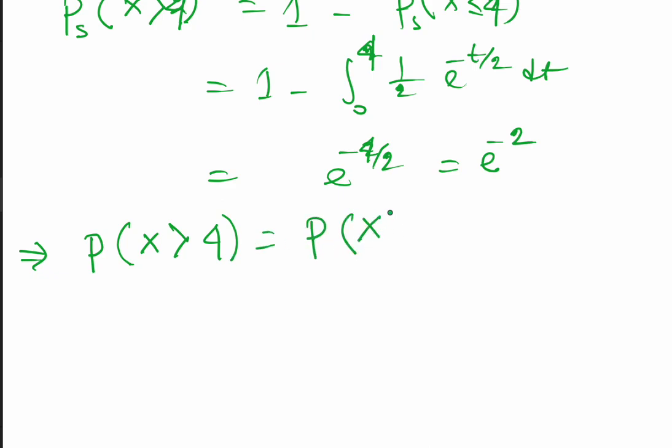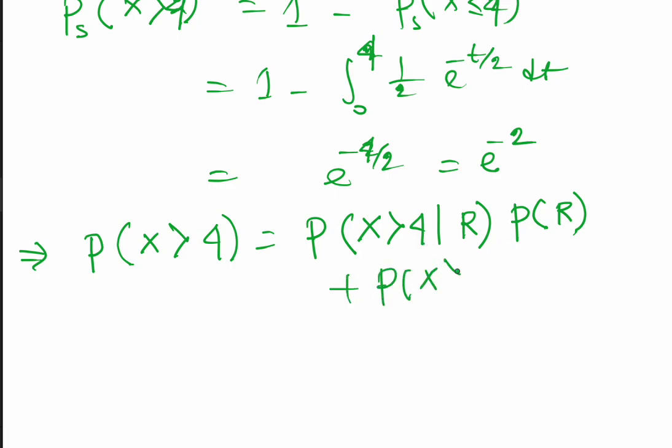What is the probability that the bulb will work if it is produced by the factory R, plus the probability that the bulb will work for greater than 4 if it is produced from S, and what is the probability of this?